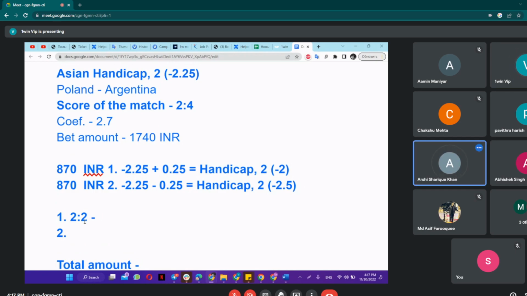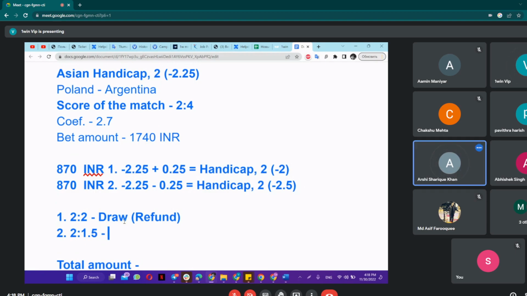draw. Status, yeah, draw. And draw means we will receive a refund. Yeah. And the second one, 2:1.5, correct, because we are betting on results of the second team. So we are working with results of the second team.